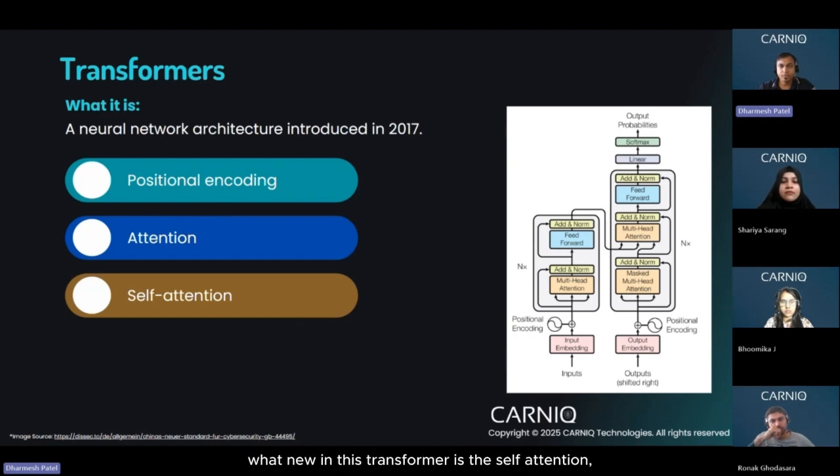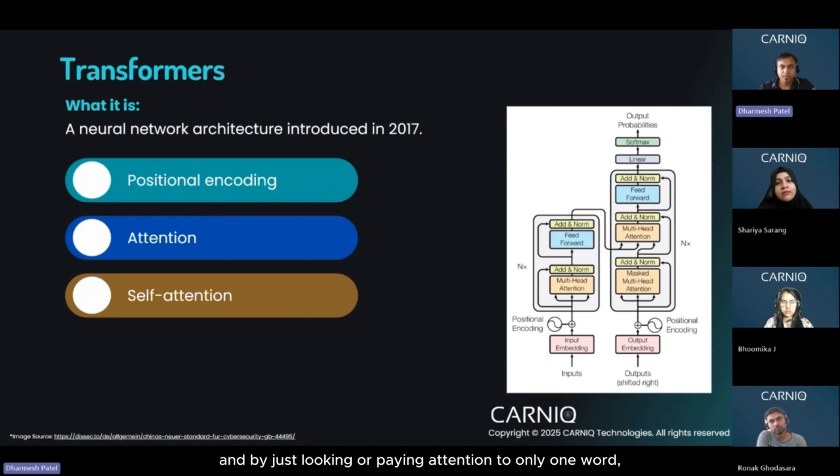What is new in the transformer is self attention. That's where it will also check the meaning, or semantics, and see whether it makes sense or not. For example, take two sentences: "Server, can I have a check?" versus "Looks like I just crashed the server." In these two sentences, the word server has a different meaning.